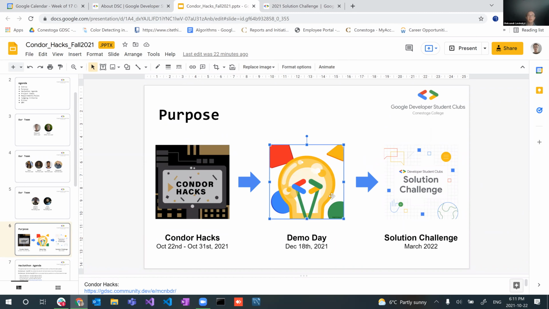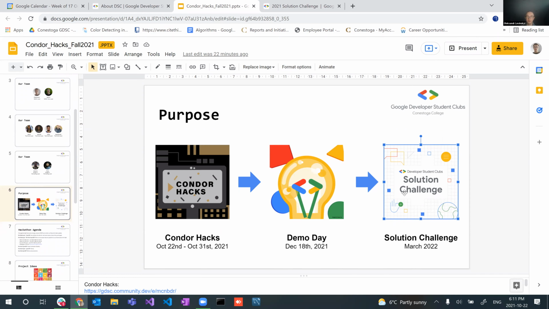Then we'll have Demo Day at the end of the semester, where you will be able to demo one of the projects you worked on during your semester and also receive prizes if you're in the top 3. And then Solution Challenge, which is a Google initiative again, and it's more of a global level. So these two lead to the third event, which is Solution Challenge.